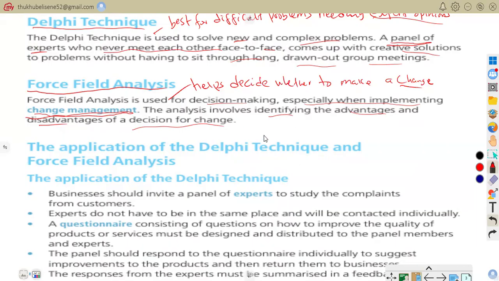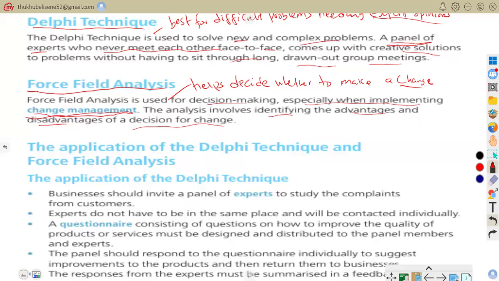So the advantage may be that the change is going to bring more efficiency, but the drawback, the con, is the high cost for us to implement it. We just try to find out the difference. Do we have more advantages over disadvantages, or more disadvantages over advantages? Then we can make a decision. Hope we're together on that.